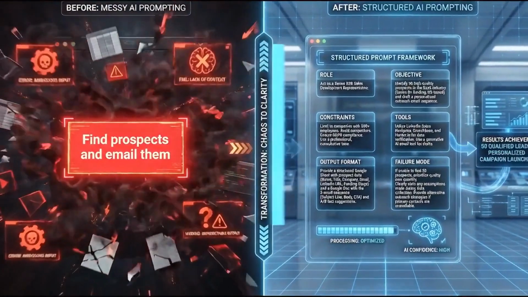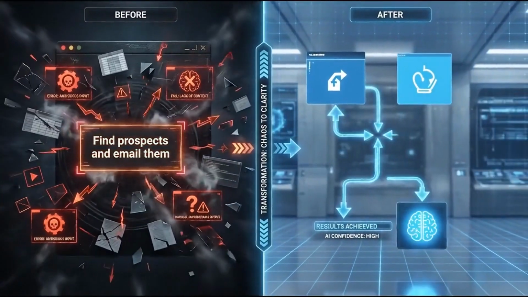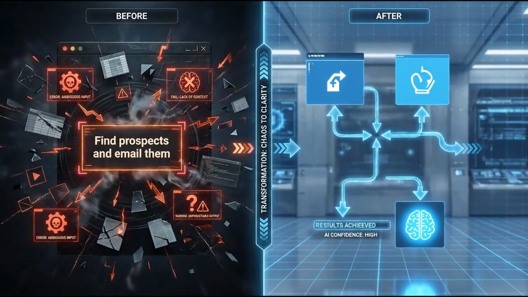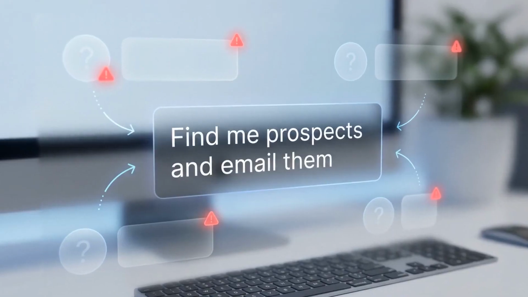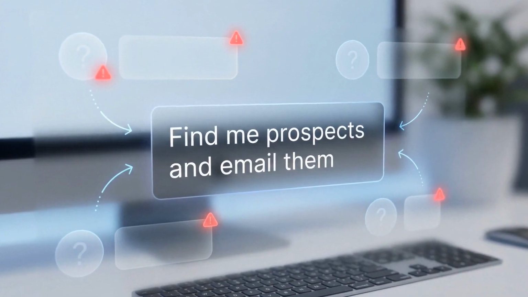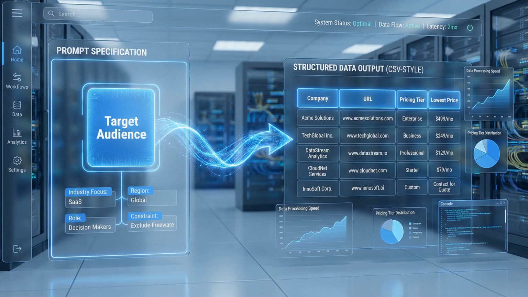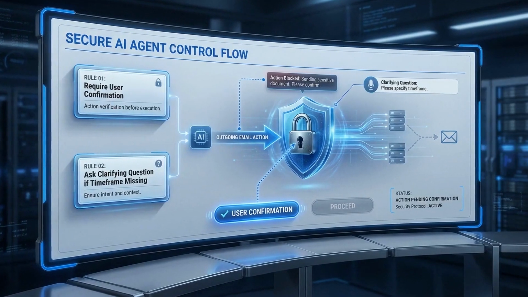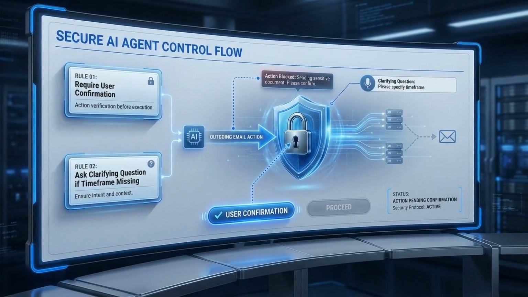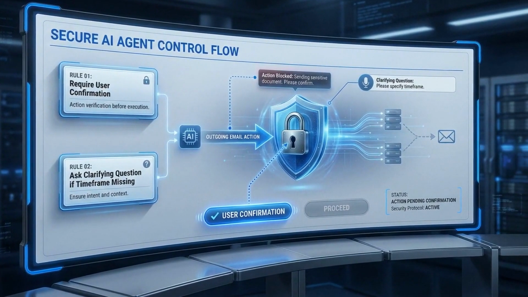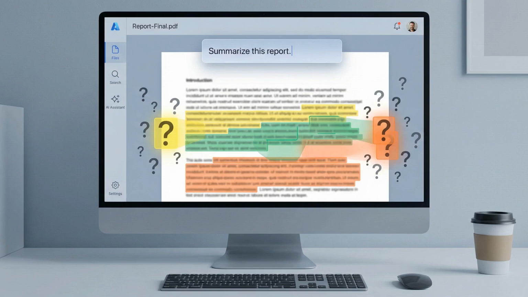Let's put all 3 patterns into context with 3 quick before and after upgrades. Example 1. Find me prospects and email them. That leaves everything undefined. A well-structured version specifies the target audience, requires a CSV output with exact fields, prohibits sending any email without user confirmation, and asks for clarification if a time frame is missing. Example 2.